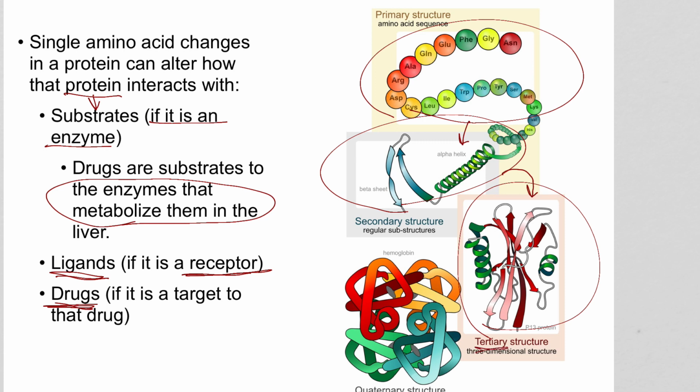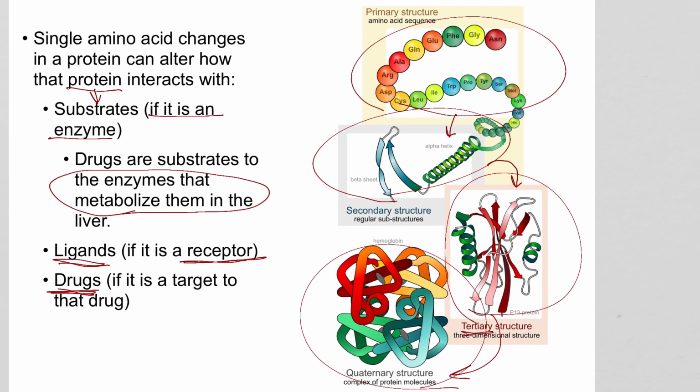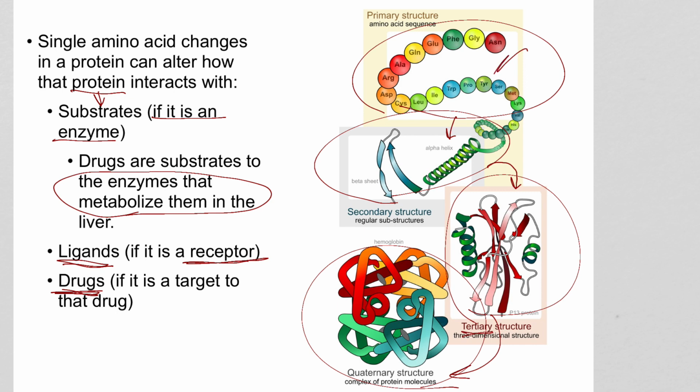And if multiple proteins interact with each other, we can call those quaternary structures. And the point is, a single amino acid change back here in the primary structure can cascade forward to slightly disrupt secondary and tertiary and quaternary structures, and that disrupts potentially the function of the protein. It's also possible that the mutations enhance the function of the protein. Again, it's a case-by-case basis.